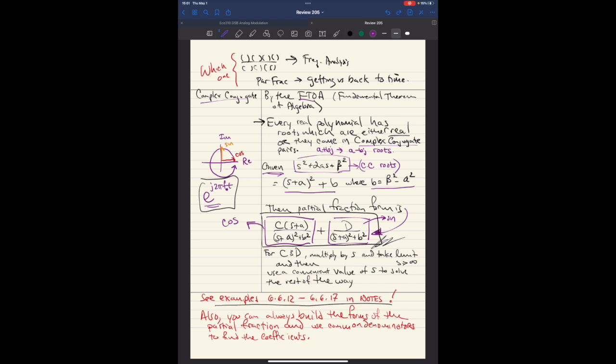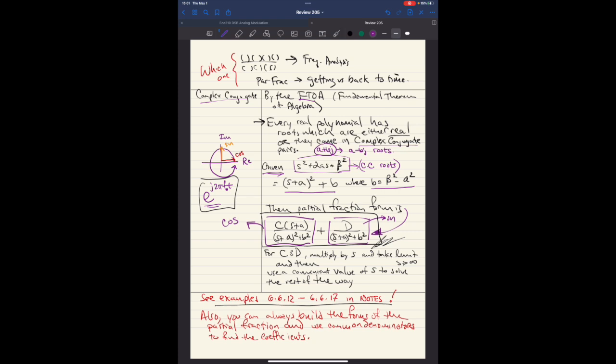And what that means is that if I have some root that's of the form a plus bj, I end up with another root that is of the form a minus bj. That's just the way it has to work out. So there's proofs of these in algebra courses and things like that, or polynomials courses, number theory courses. This comes in very handy.